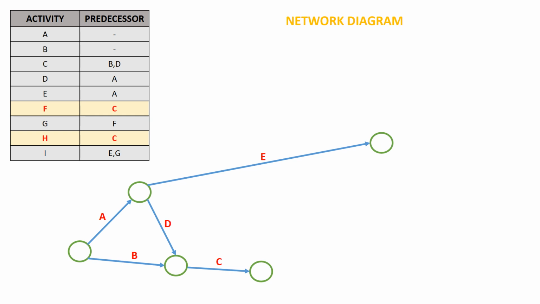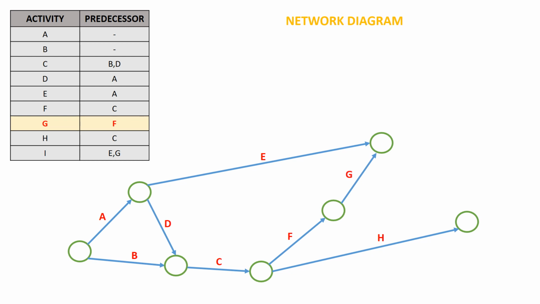That means after completion of activity C, I can draw two parallel activities, which are F and H. Now let's see how to represent activity F and activity H. I have activity F and I have activity H. Now let's move on to the next activity, which is activity G. For activity G, F is the predecessor. That is, after completion of activity F, I have activity G.